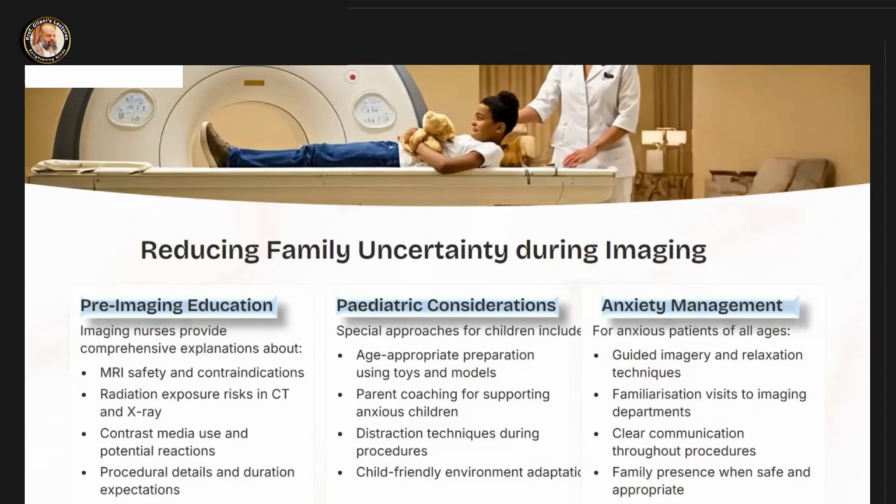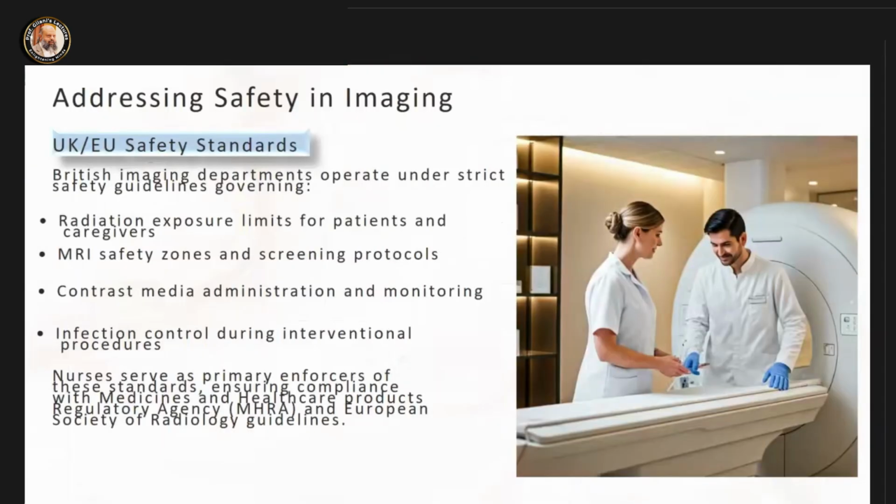Addressing safety in imaging. In UK and European Union safety standards, British imaging departments operate under strict safety guidelines governing radiation exposure limits to patients and caregivers, MRI safety zones and screening protocols, contrast media administration and monitoring, and infection control during interventional procedures.